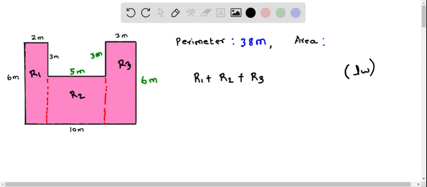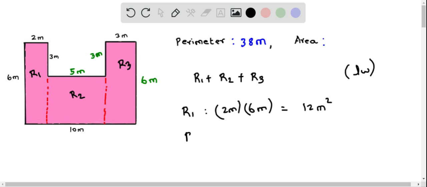So let's identify the length and width of each of these rectangles. For R1, let's say that the width is 2 meter. I'm calculating the area of R1. So I put the width as 2 meter and the length is 6 meter. When we multiply, this gives 12 meters square.